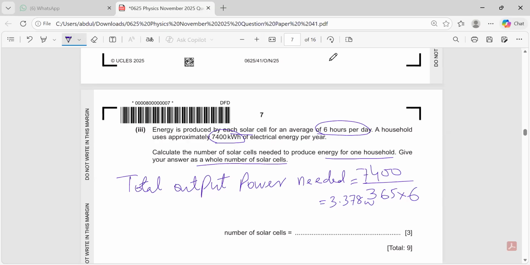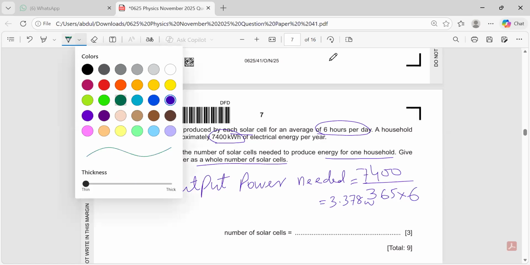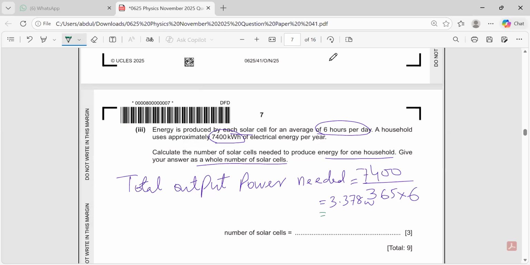So how many solar cells are needed? Let me round it off to 3.38. Sorry, 3.38 kilowatt hour. This is in one day.